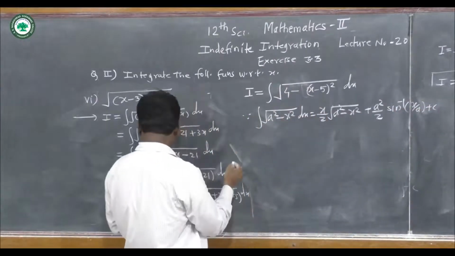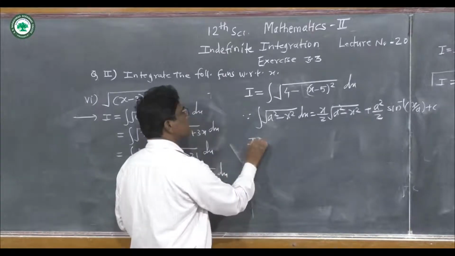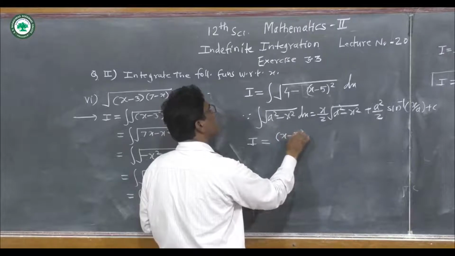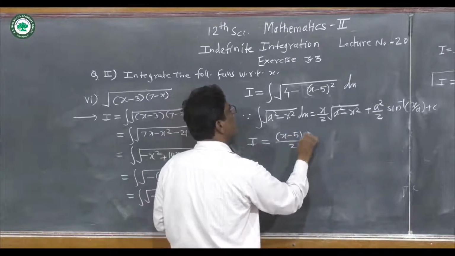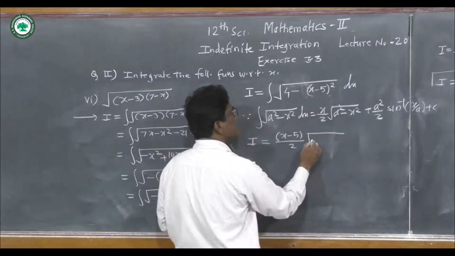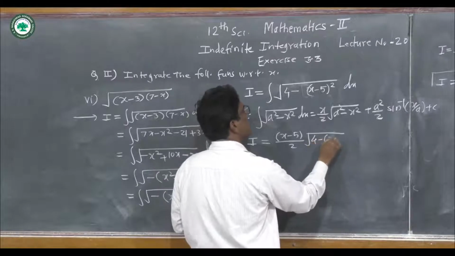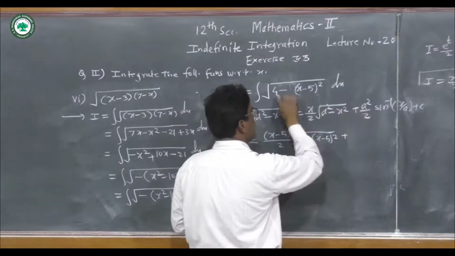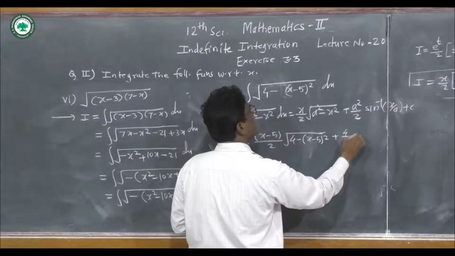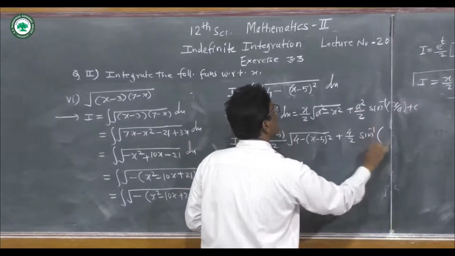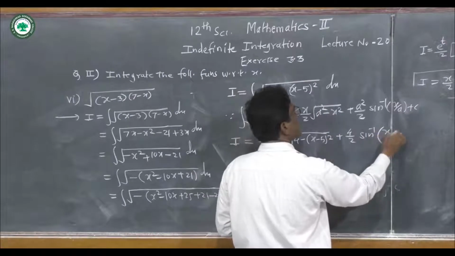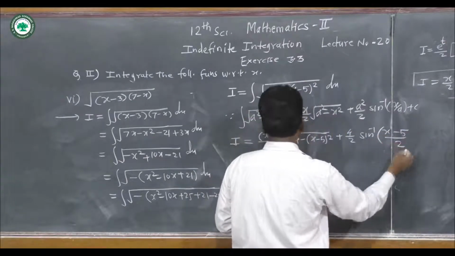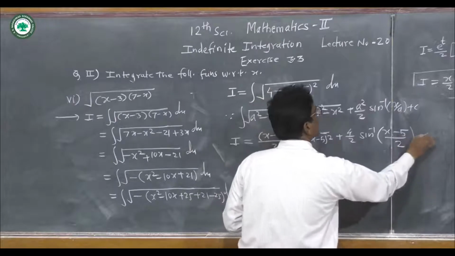And so we get here I is equal to x minus 5 upon 2 into under root of 4 minus x minus 5 bracket square, plus 4 divided by 2 into sine inverse of x minus 5 divided by 2, plus constant of integration.